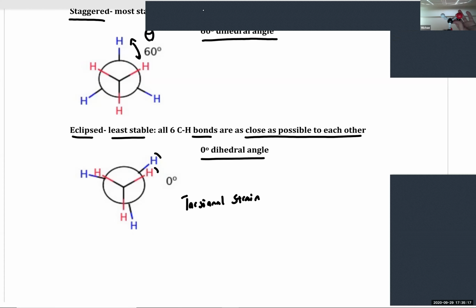So the way that I like to think of torsional strain is, as we are undergoing bond rotation, when we have a very small dihedral angle, there is a large amount of opportunity for our substituents to interact and engage in repulsive interactions. Does everyone notice how our two substituents are pretty close to each other in three-dimensional space?